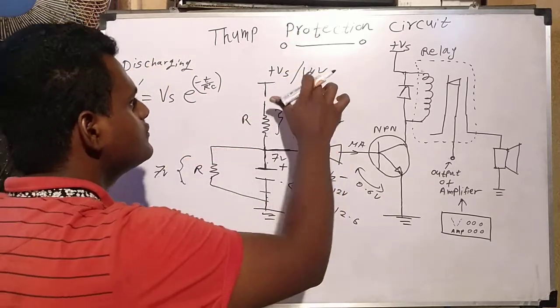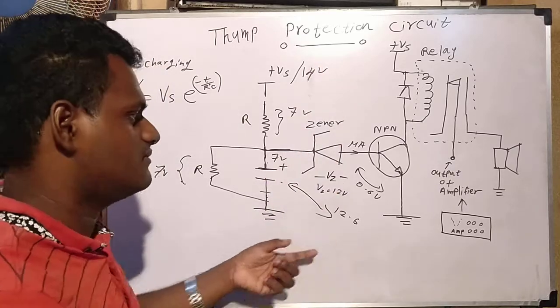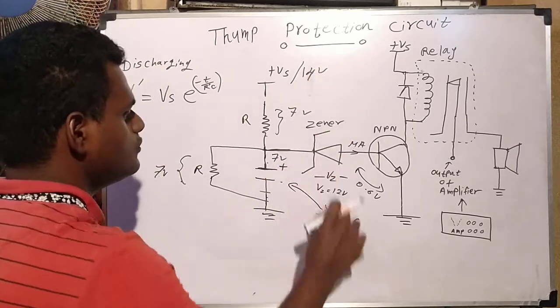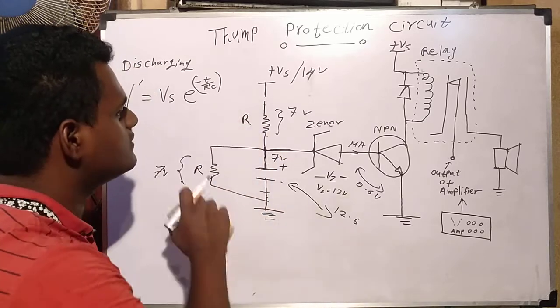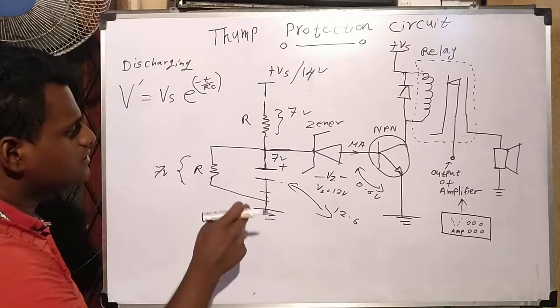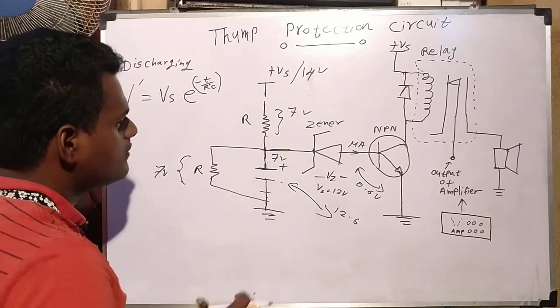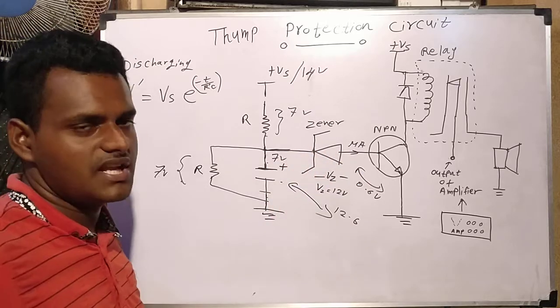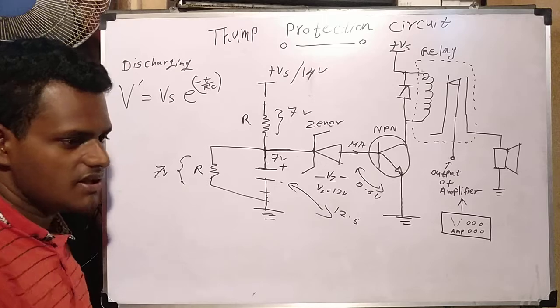So that's why I use 14 volts in here. 13 volts is near to 12.6 volts, there's no problem. But 12.6 volts is needed, then 7 volts is what we get. If the R is equal, somehow there is a problem. Then the voltage is not high enough. So we had to use another method to do this one.